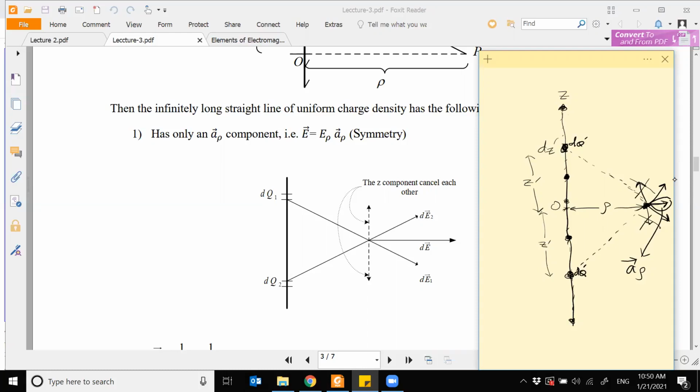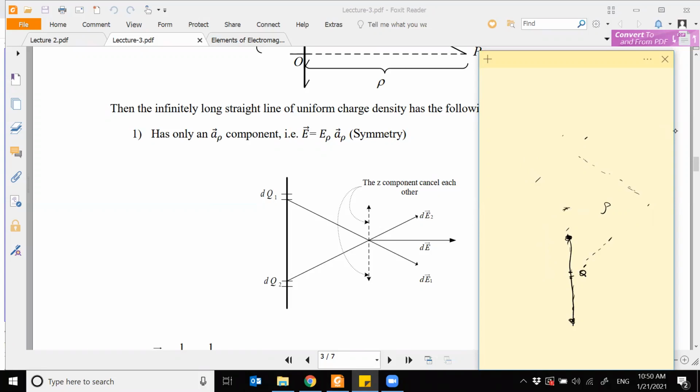So like this, you can think that your line charge is made up of several small point charges. But for each point charge above the origin, there will be a point charge below the origin. And when you look at these two point charges' effect at this point P, the Z component will cancel, and therefore only the A rho component will appear. Got it? Clear? This is the property. Anything? Is it clear? Okay. So I think the time is up.